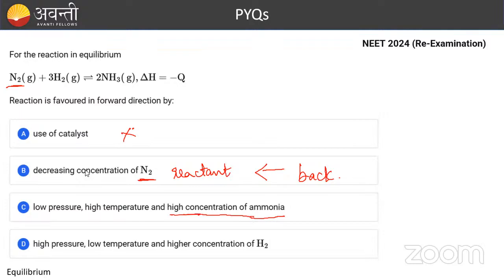The equilibrium will move towards the left side only.